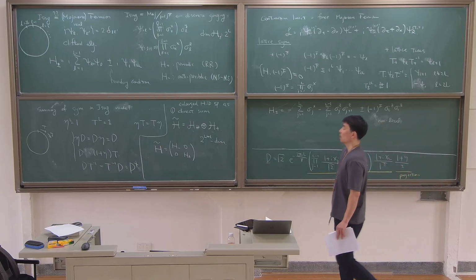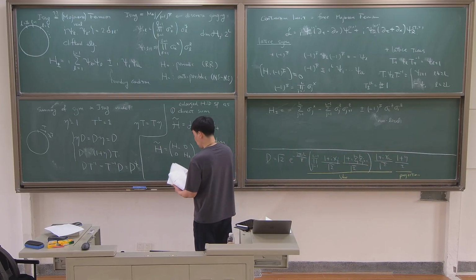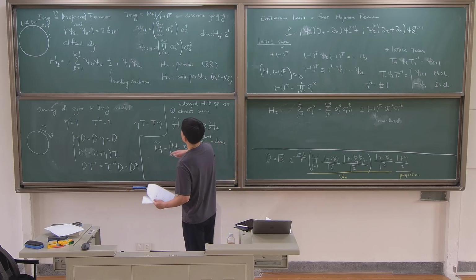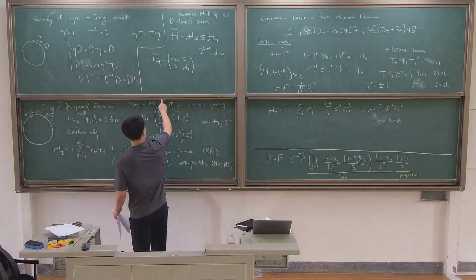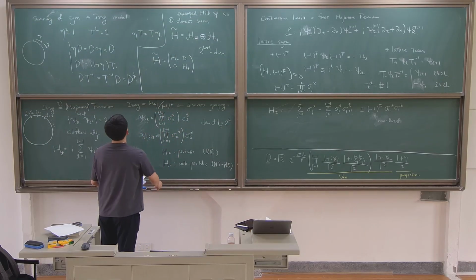And now we consider something, this mod by minus 1 to the f. So this is a discrete gauging we are going to consider.